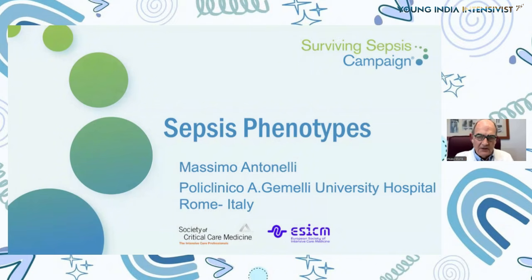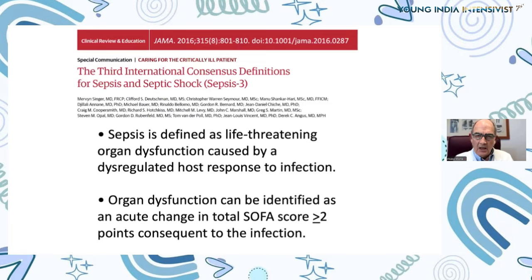of sepsis phenotypes. I want to start with a sepsis definition for pointing out a couple of very important things. As soon as we define sepsis as a life-threatening organ dysfunction caused by a dysregulated host response to infection, we immediately say that it is an emergent situation where we need to act rapidly in order to save the life of our patients.